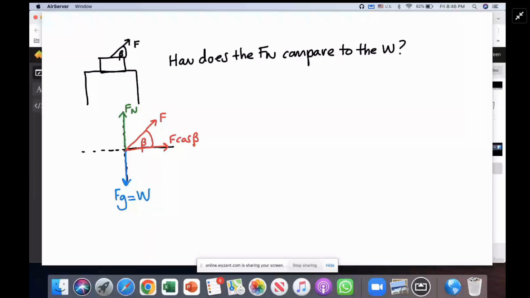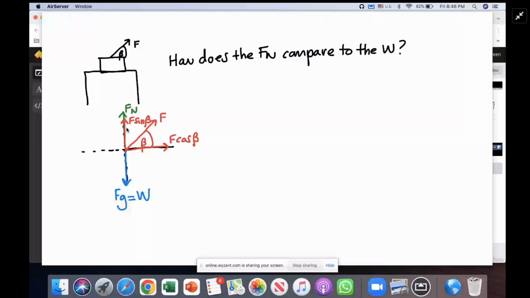And we're also going to have a Y component, one that's going straight upwards. This is going to be our applied force. This time, this component, which you can imagine is over here, is opposite of beta. So that is going to be F sine beta.